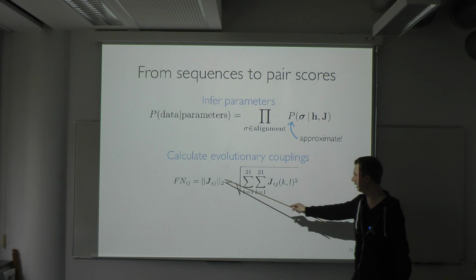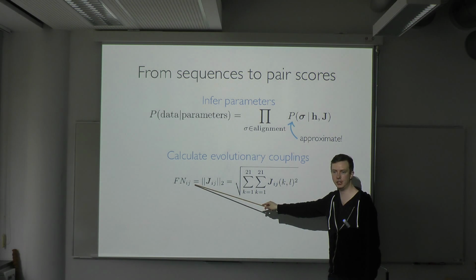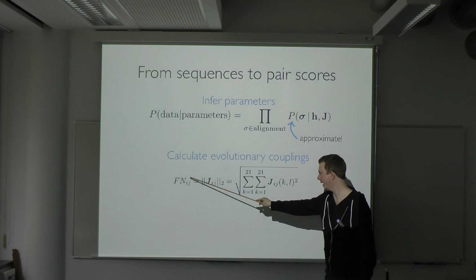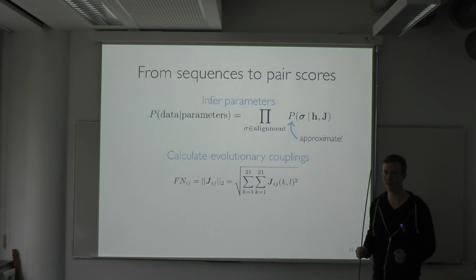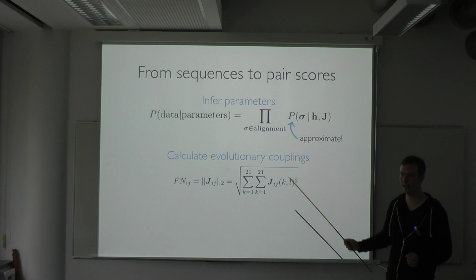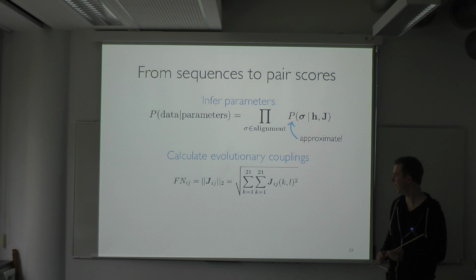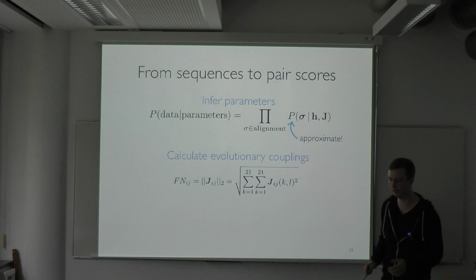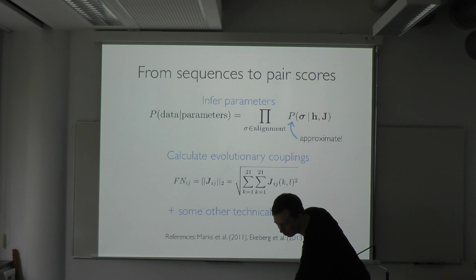And we get a single number again, like the mutual information number that I showed before, that quantifies the strength of coevolution between the two positions. But now this number has this transitivity and some other problems cleaned out, and it's kind of the direct causal coevolution between the positions, not the raw correlations anymore.